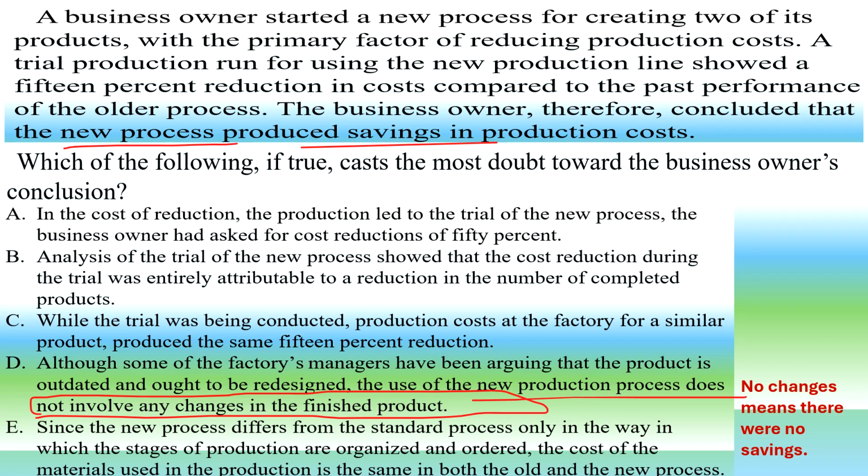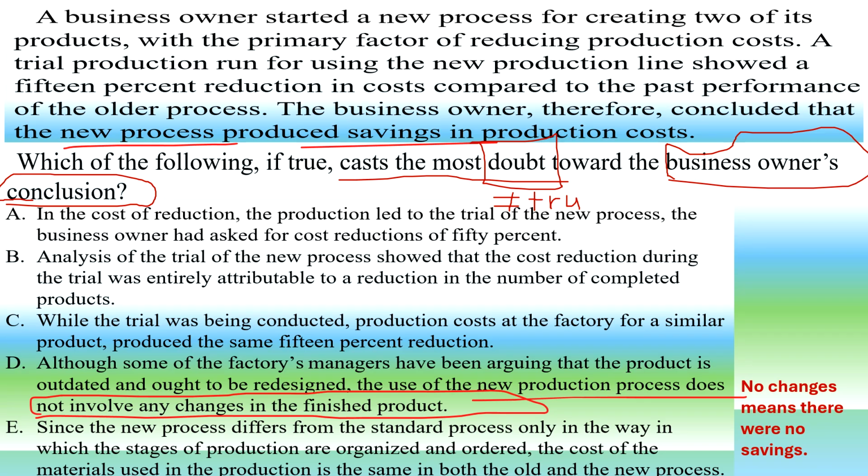Okay, so we're going to start here. This is the business owner's conclusion. Cast the most doubt. Doubt is a negative word, means nope, not true. And this is what's pesky.